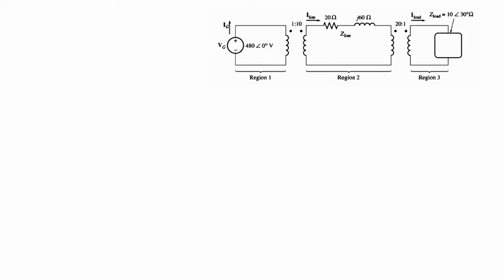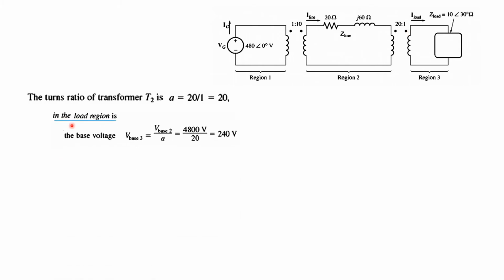And okay, now we will work on the load region. Now the turn ratio of the transformer T2 is 20 over 1 equal to 20. So this one 20 and 1. So in the load region, the base voltage V base 3 will be V base 2 divided by A, so it will be 240 volts.